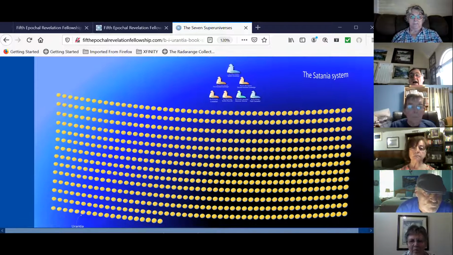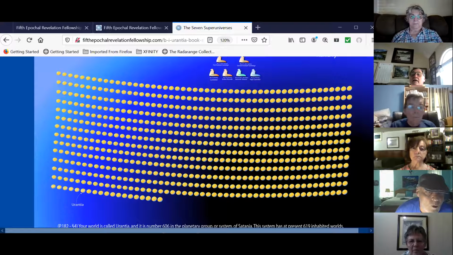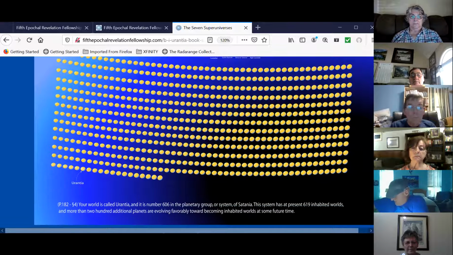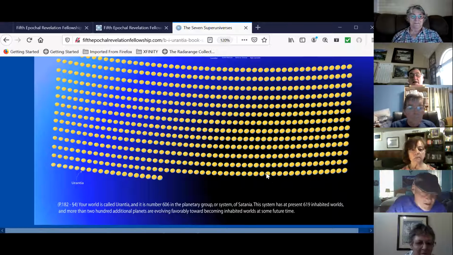Okay. After the start of the rebellion, he was replaced by Lanaforge and his staff, right? His crew. So the Satania system is now ruled by Lanaforge. And you see this little planet down here? It says Urantia. That's us, number 619.